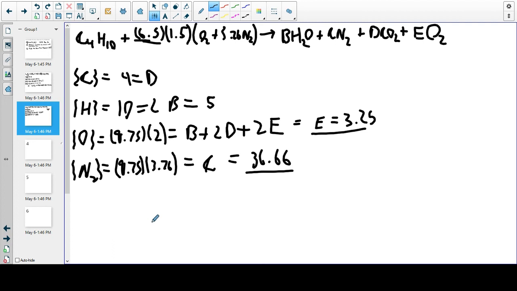Which means our balanced equation is then C4H10 plus, what was that, 9.75?